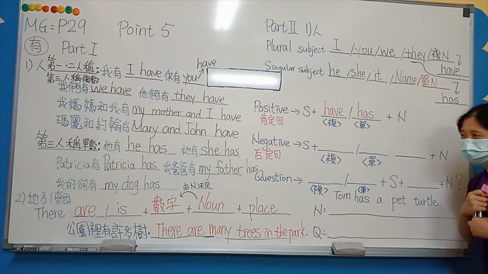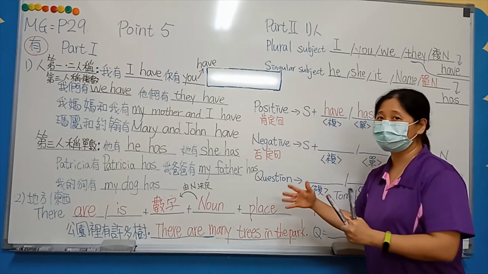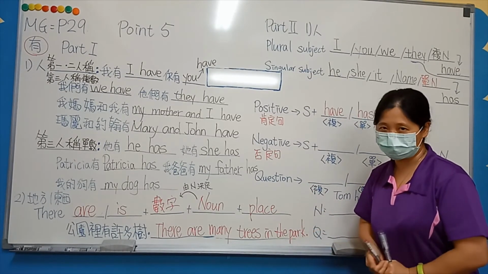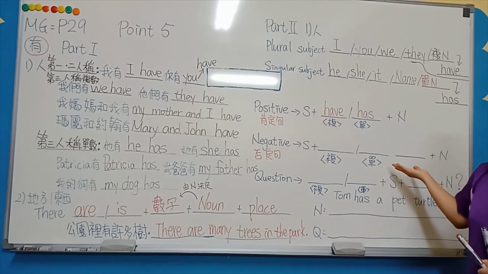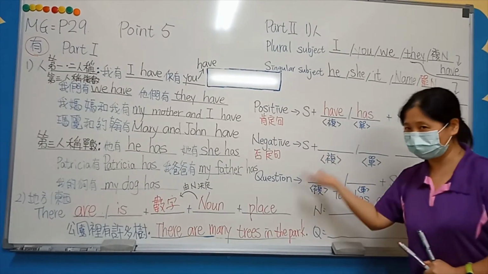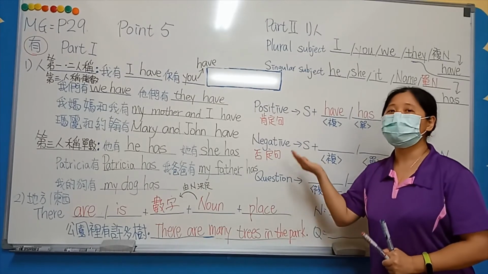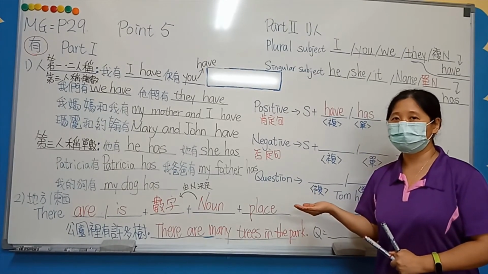And don't forget, this one I told you is for present tense, right? It's for present tense, no past tense. So what are you going to write? Don't forget, if you have negative sentence and also for present tense, you need to find out is AUX. Do you remember?